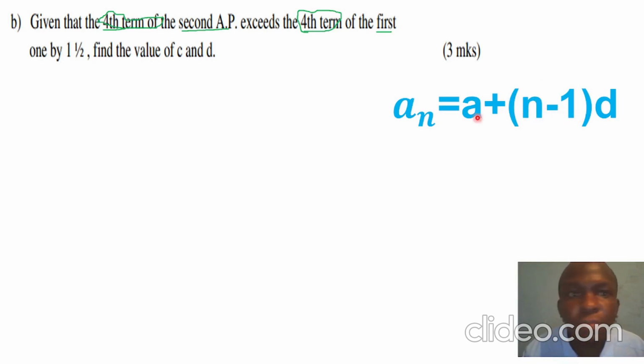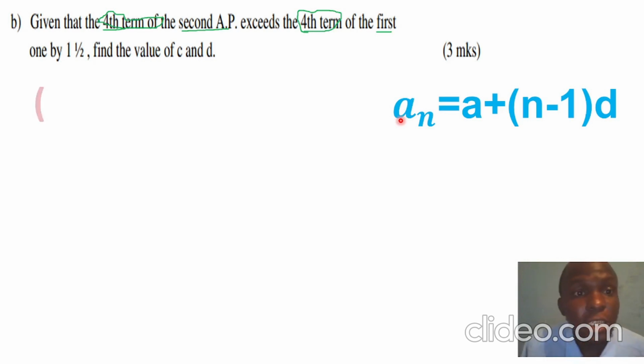The first term is P, and the fourth term is P plus 3 times the common difference. For the first one, the common difference is C. For the second one, the common difference is D. But you realize that the fourth term of the second is more than the fourth term of the first by 1.5.